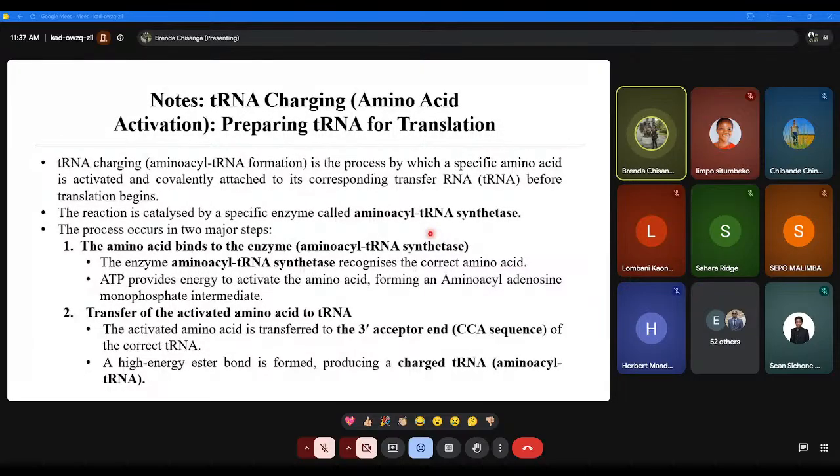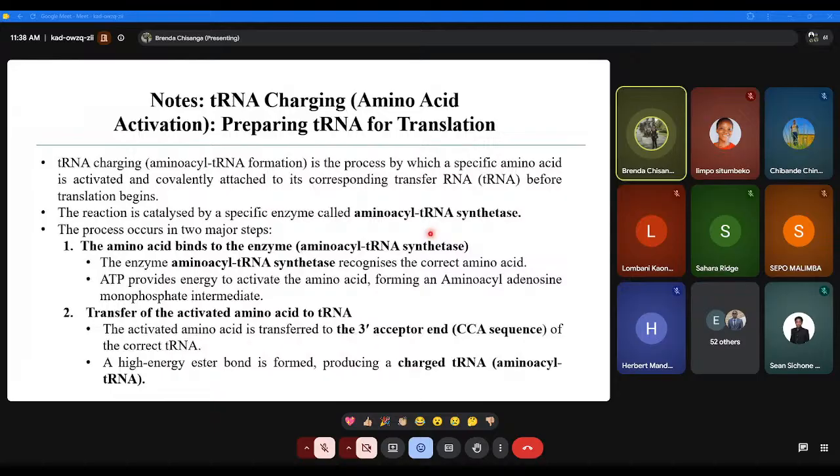Once that is done, this amino acid then has to be attached to the 3' end of our tRNA, which is referred to as the acceptor arm. This same enzyme, amino acyl tRNA synthetase, catalyzes the linking of that selected amino acid to the tRNA before this tRNA is brought into the ribosome to form that complementary base pairing with mRNA.